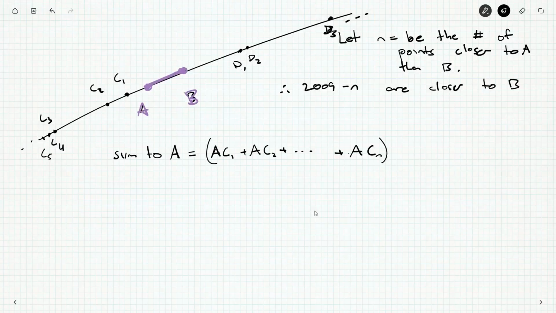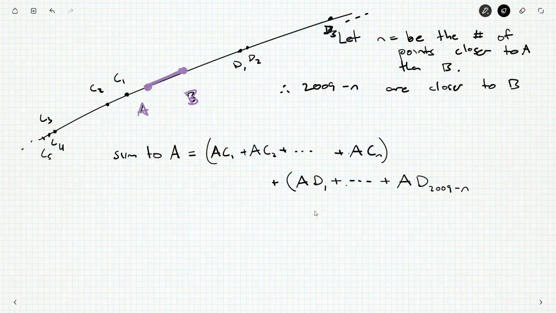That's a sum. I'm just breaking them down by who they're closer to, based on their names. All the way up to AD of 2009 minus N. And now the sum to B is BC1, BC2, all the way up to BCN.